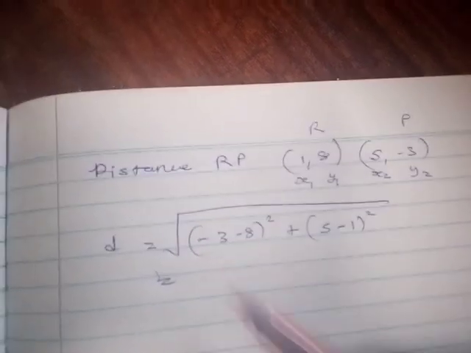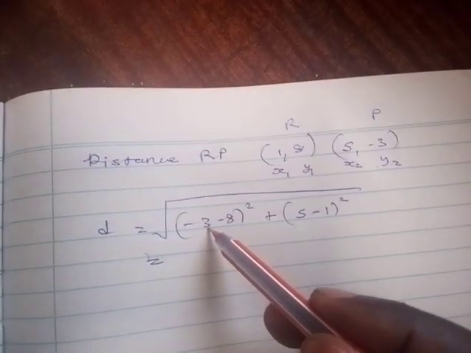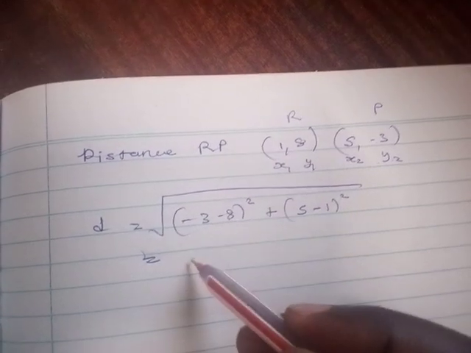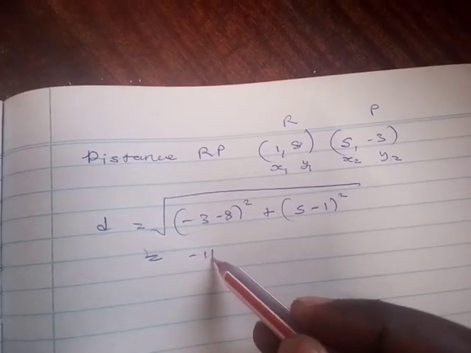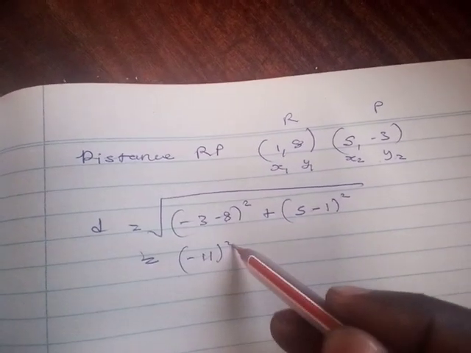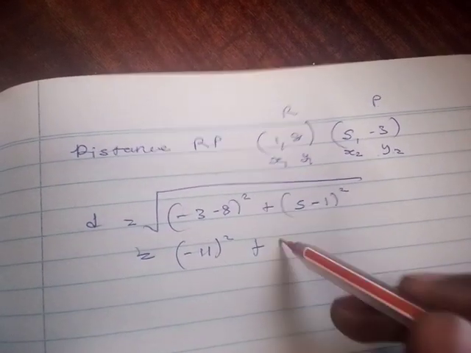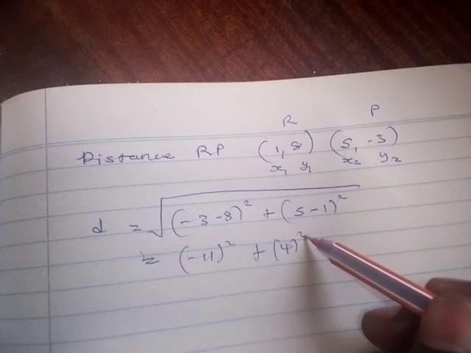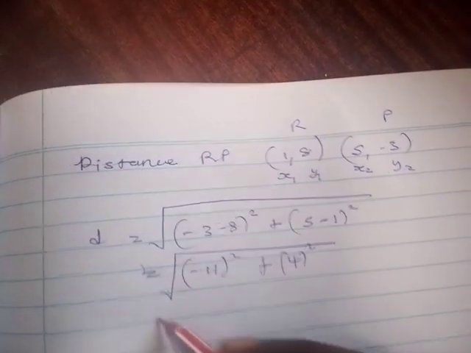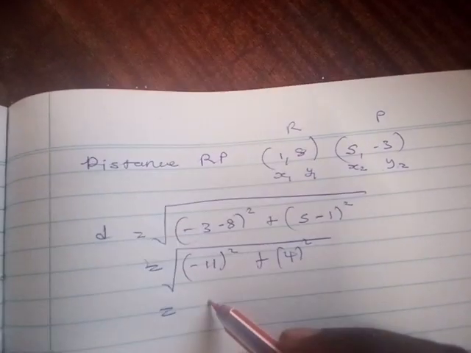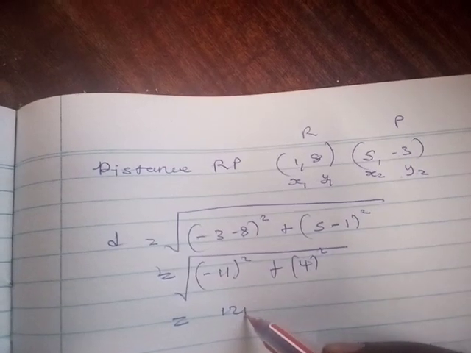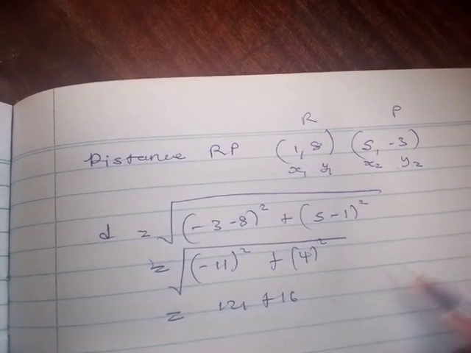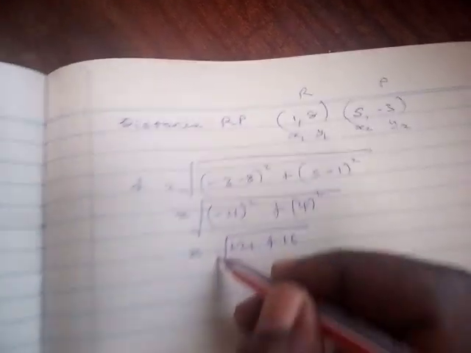Then this will give us negative 3 minus 8, which becomes negative 11, squared. Then plus 5 minus 1, which is 4, squared, isn't it? Yes. So under root, what do you get here? Remember, we said this is 121. Then this one is 16.